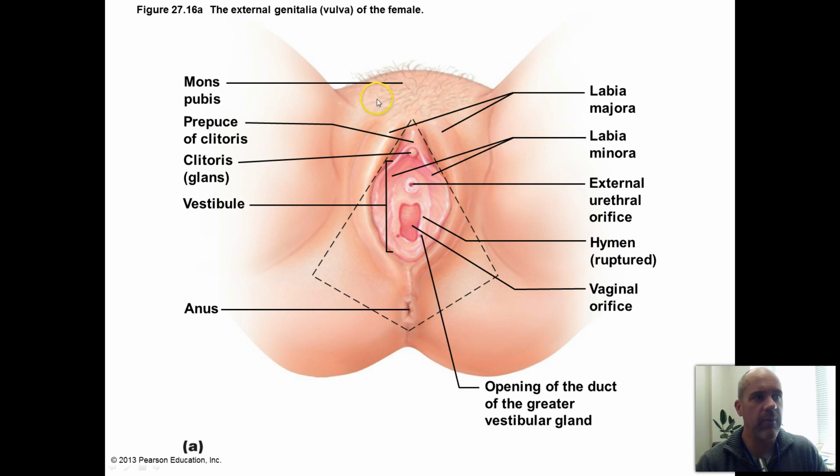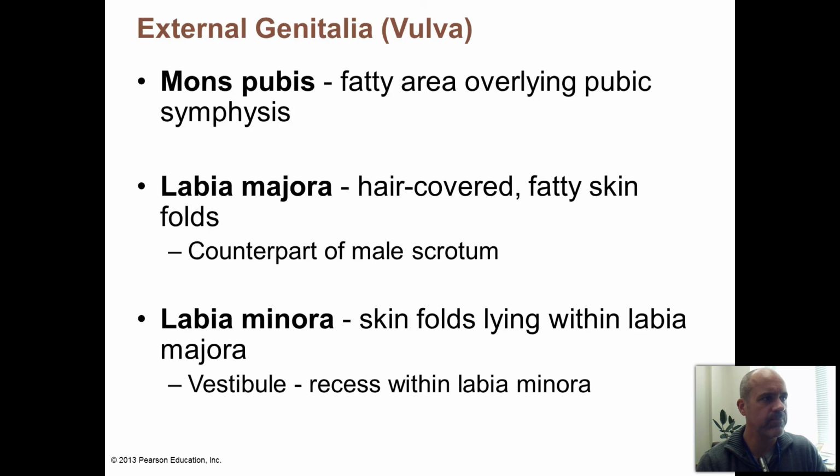Let's see. And then the mountain of fatty tissue on which the pubic hair is located is called the mons pubis in a female. The mons pubis overlies the pubic symphysis. Interestingly, we talked about how in a developing embryo there are male structures that are analogous to female structures.